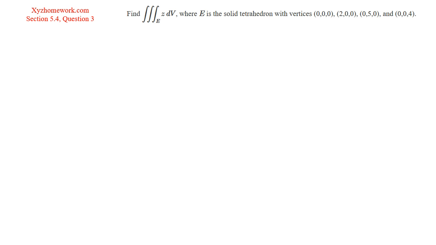We need y's to go from the x-axis, which is y equals 0, to the line, which is y equals negative 5 halves x plus 5. And then finally, we have the x's. As you can see here, the x's are going from 0 to 2.